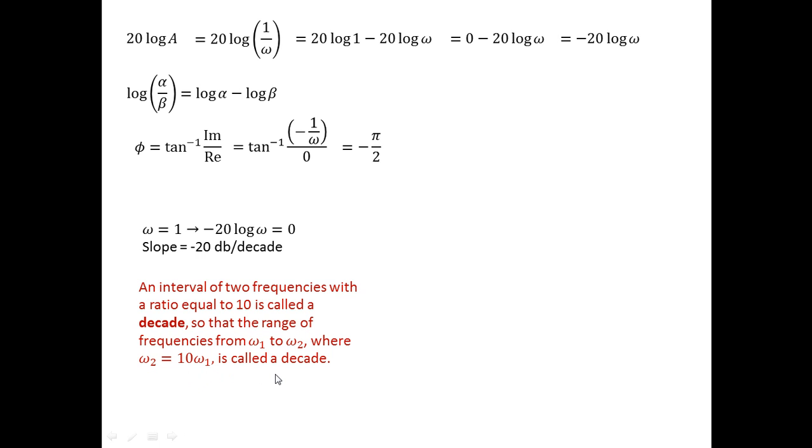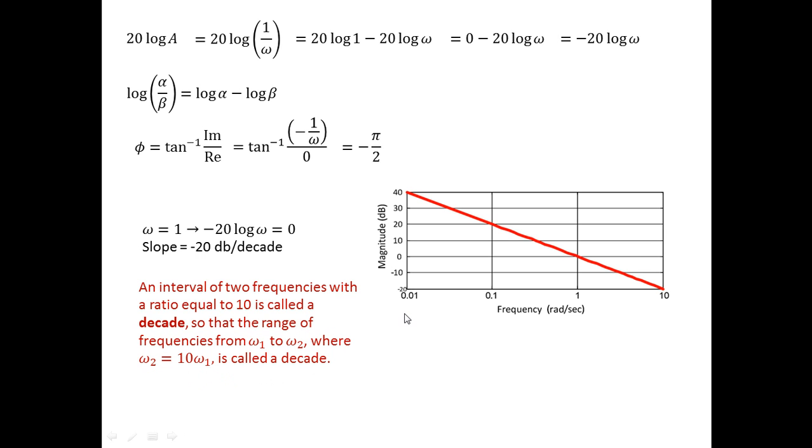So if I want to plot the magnitude plot, as you see, at omega equal to 1, the amplitude is 0. After that, or before that, I need to plot a straight line with the slope of minus 20 per decade.